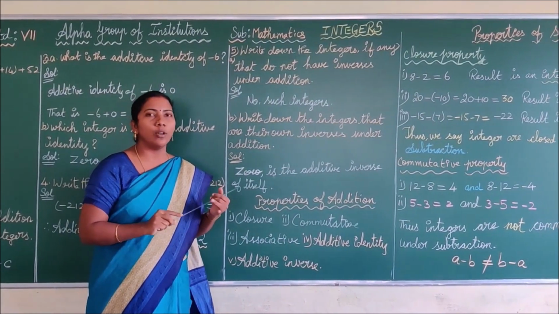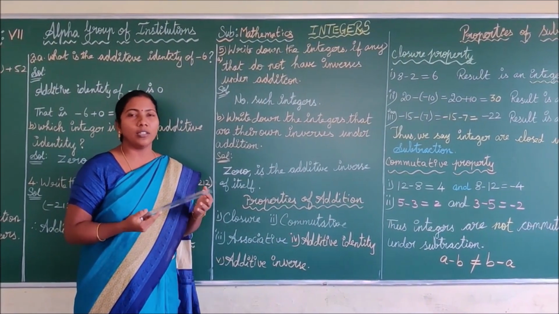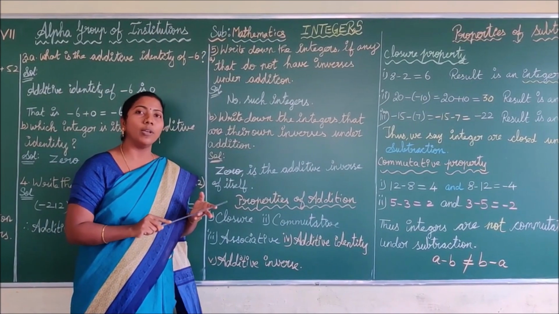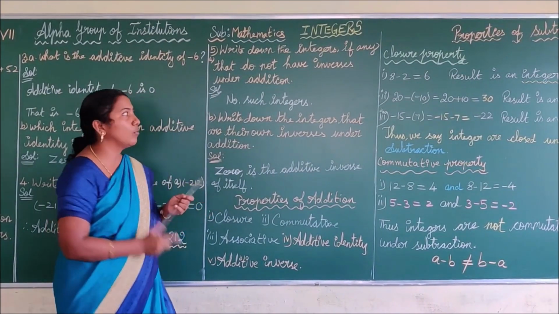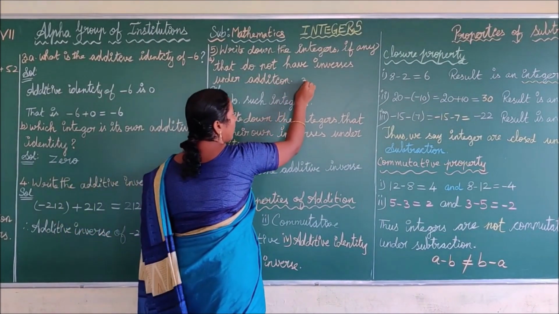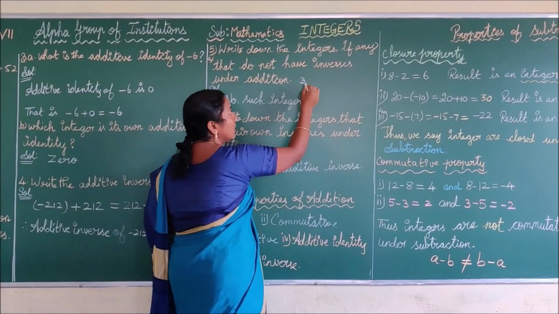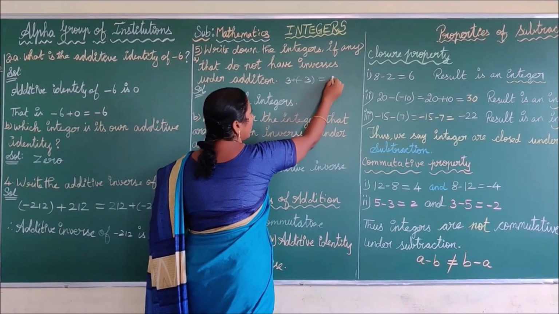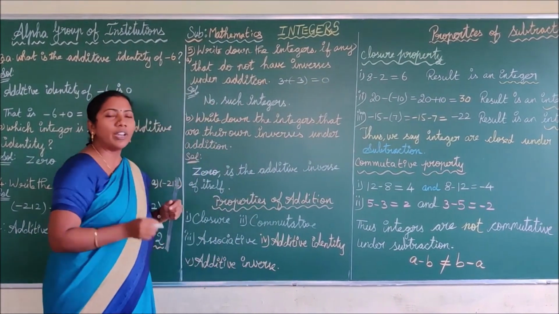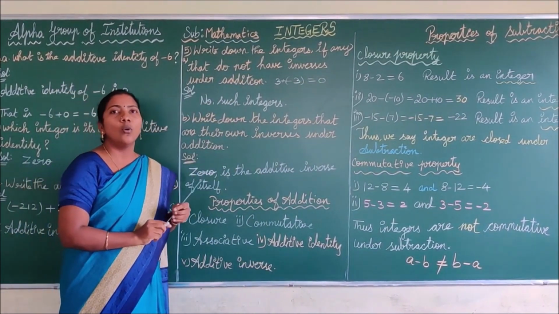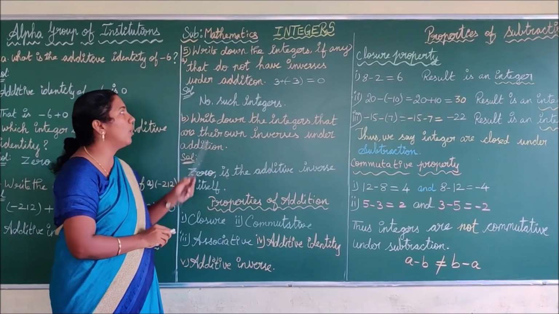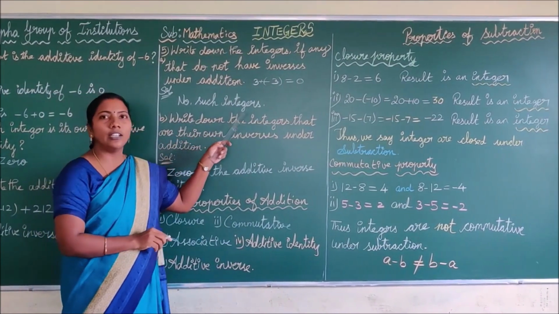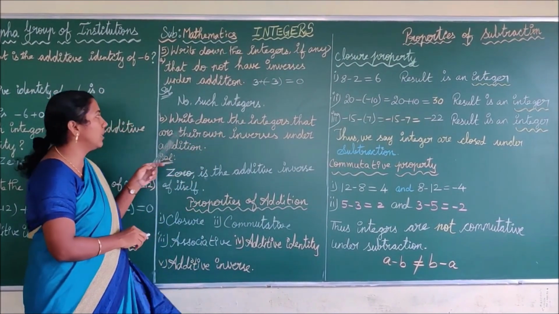For every positive number, there should be a negative number. Similarly, for every negative number, there should be a positive number. For example, if you take 3, the inverse of 3 is minus 3. So, if you add plus 3 with minus 3, you get 0. So, every integer has its own additive inverse. So, you have to write no such integers. It's clear? What is the next question?